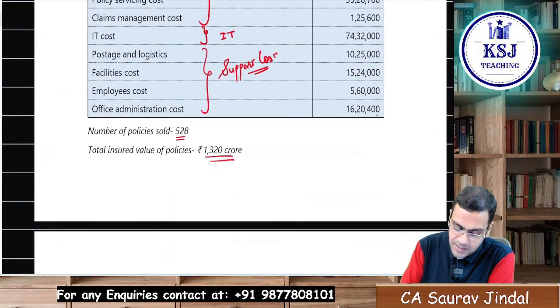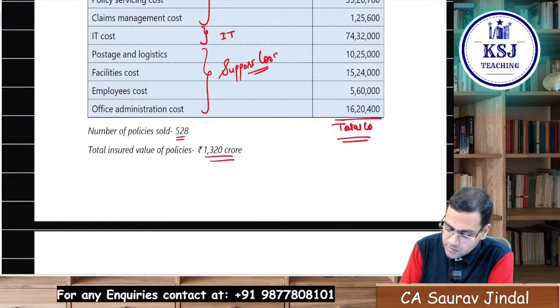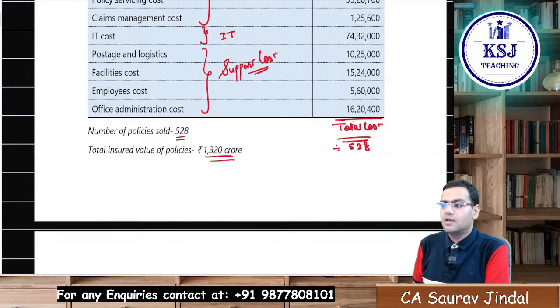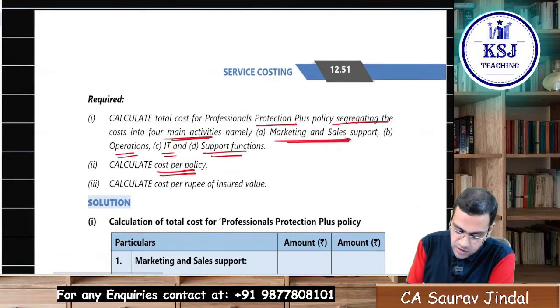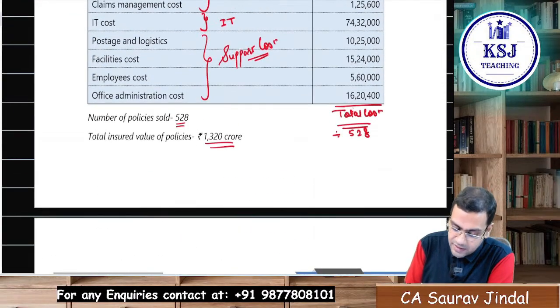Then he says calculate the cost per policy. Cost per policy means the total cost divided by 528. That will give you the cost per policy, sir. Then he is asking to calculate the cost per rupee of insured value. That will be what, sir? That will be total cost divided by 1320 crore.